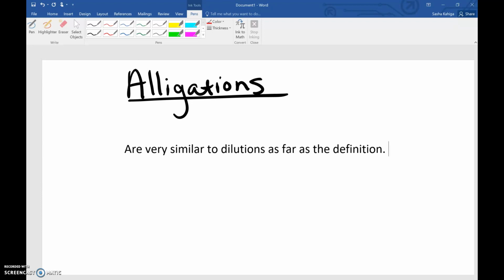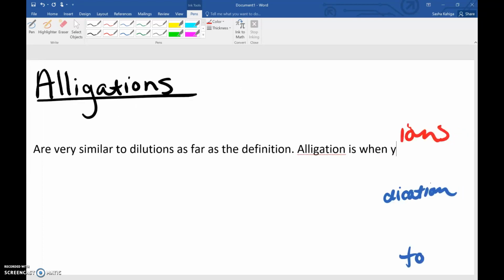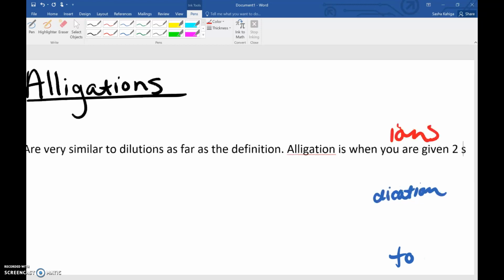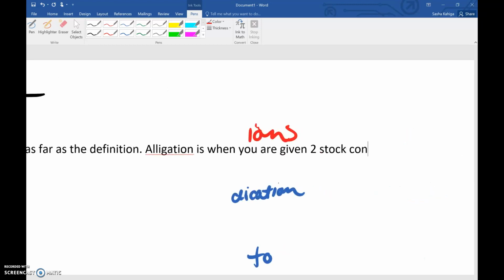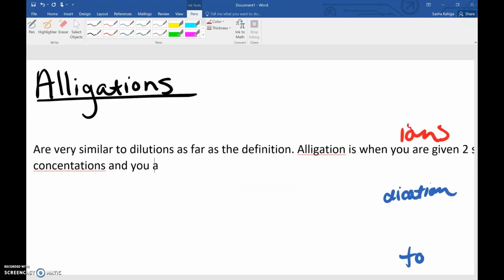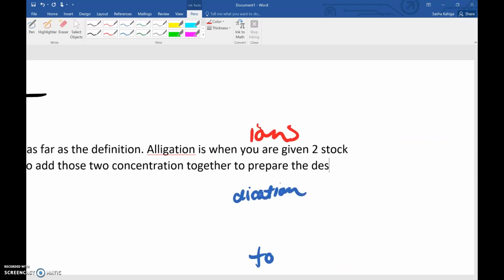Basically, an alligation is when you are given two stock concentrations and you are to add those two concentrations together to prepare the desired concentration.